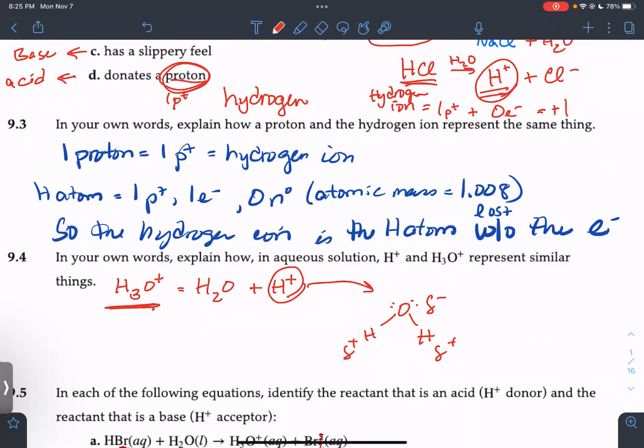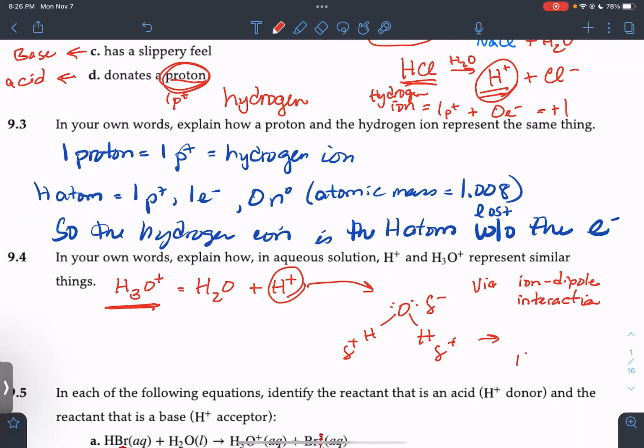And so our hydrogen ion is going to interact with water via an ion-dipole interaction, right? And this attraction ends up being so strong that it actually forms a covalent bond with water.